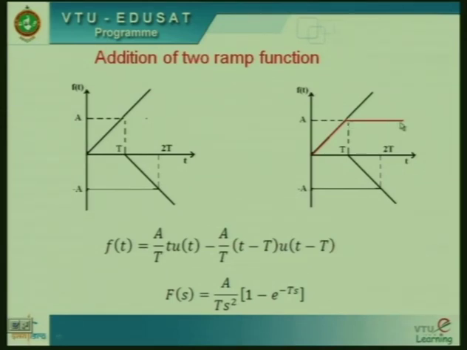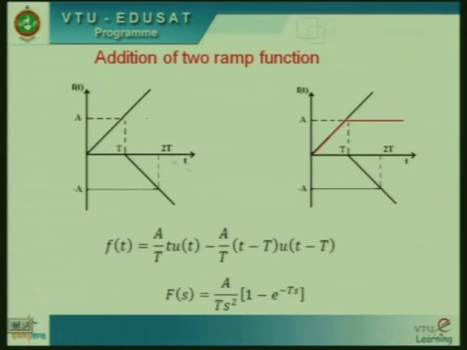So, you can see it is a straight line parallel to the t axis whose slope is 0. In general, if you add two ramp signals of different slopes, the slope of the resultant signal is given by the slopes of the ramp signals which are involved in the summation.